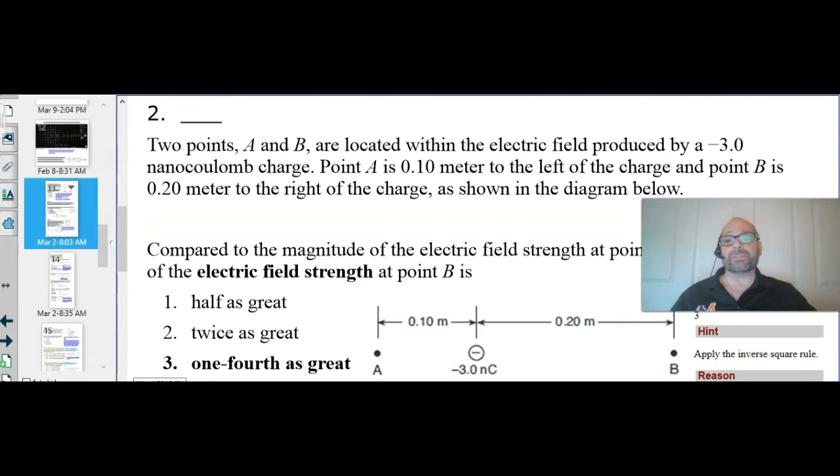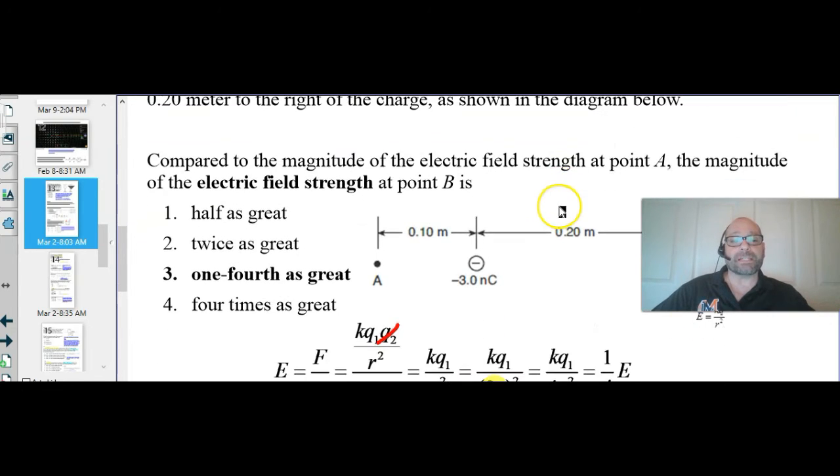In problem number 2, it says two points A and B are located within an electric field produced by a -3 nanocoulomb charge. So there you go, nano. You have to know what a nano is, front page of the reference table. Point A is 0.1 meter to the left of the charge, and point B is 0.2 meters to the right of the charge, as shown in the diagram below. Let's take a look at that diagram.